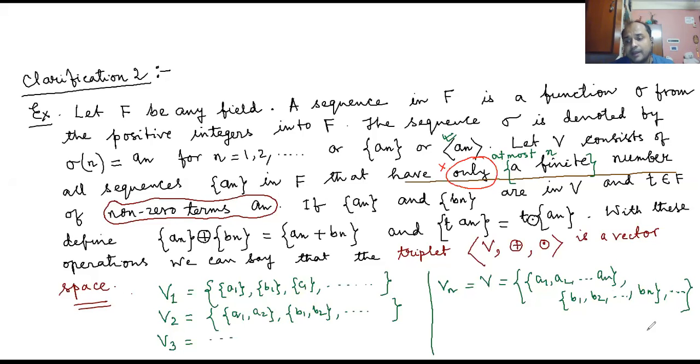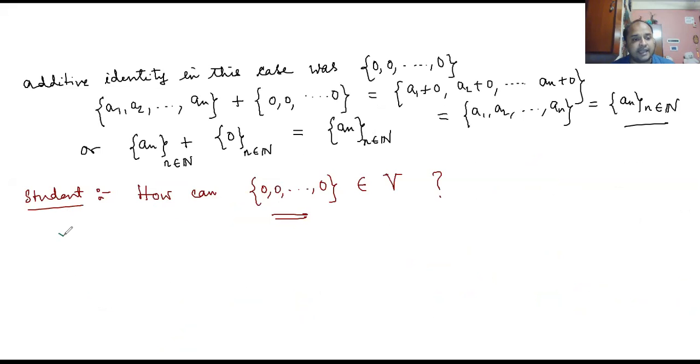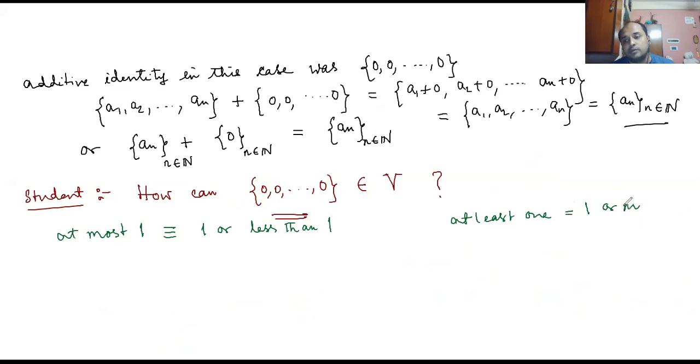So what do we mean by at most? When we say at most one, it means one or less than that, one or less than one. When we talk about at least one, it means one or more than one.